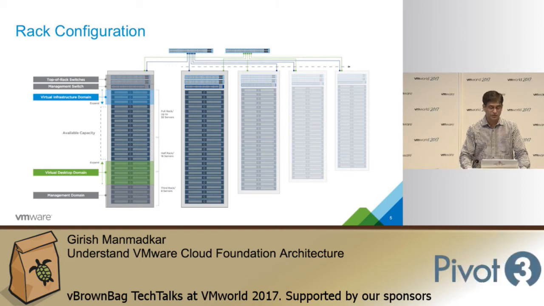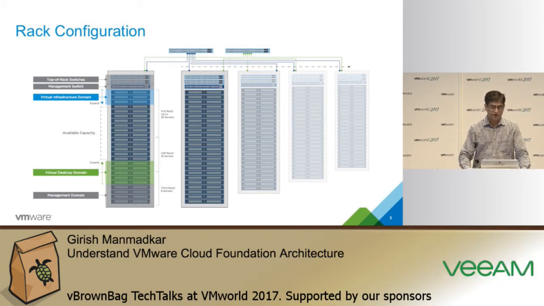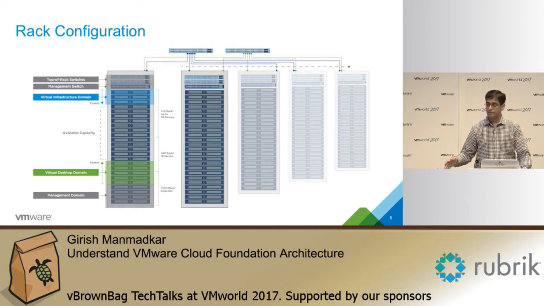In this example, you can see a virtual infrastructure as a service domain that is created as a VI domain, and at the bottom, a VDI domain that you can create. We'll look at those in a little more detail in a few slides, but this gives you an understanding of the configuration from the rack perspective.